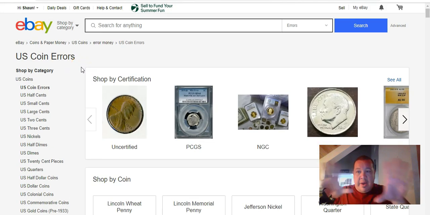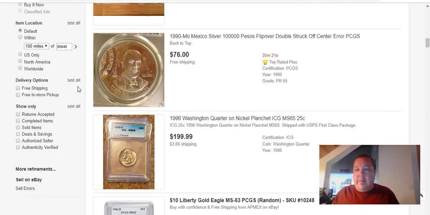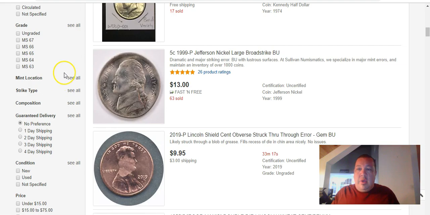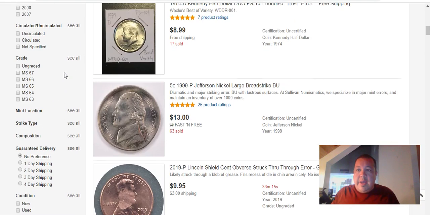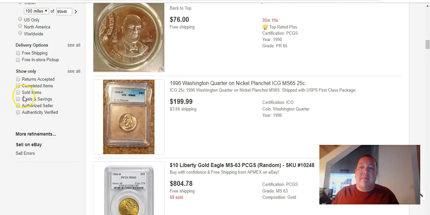So we are in the error section. As you can see, U.S. coin errors is kind of highlighted in black. It's bold. Sorry. And then we're going to scroll all the way down. You could drill down exactly what you're looking for, but we're going to go all the way to where it says sold items.